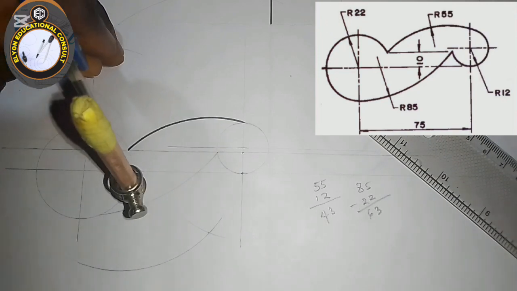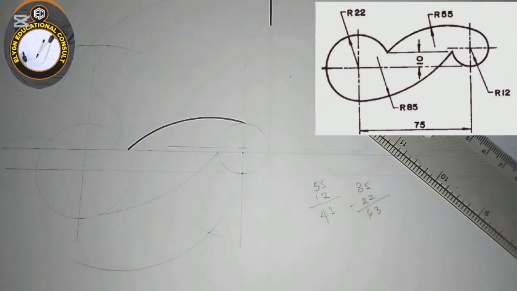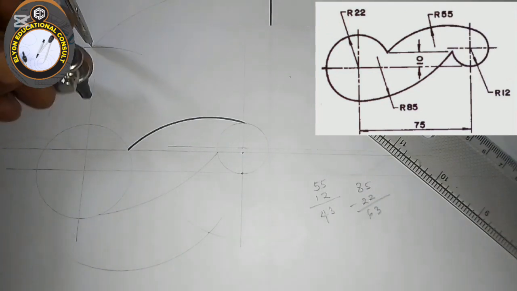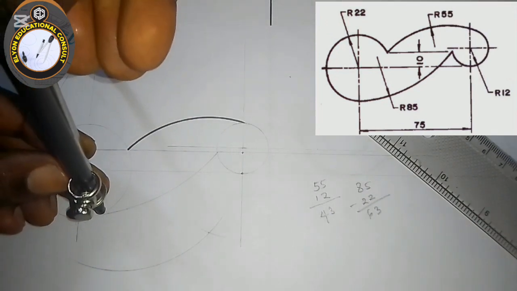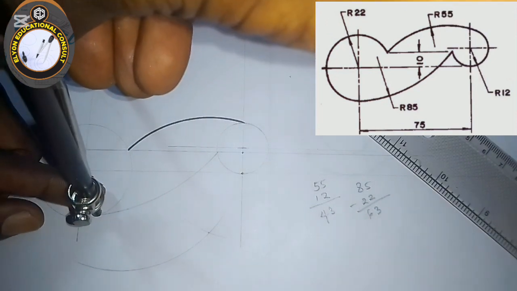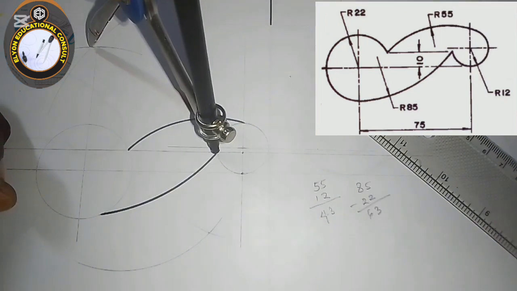Okay, so all I need to do now, let me just draw the arc out. So we have this.